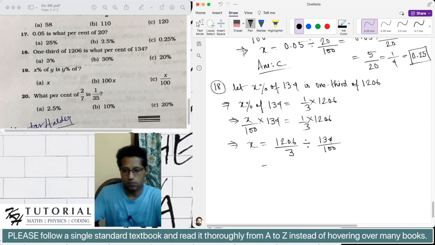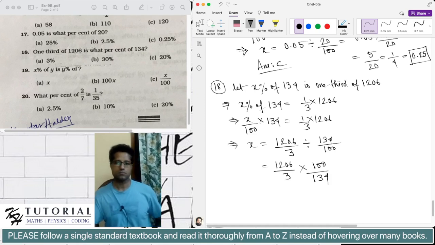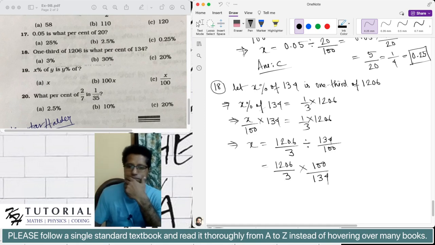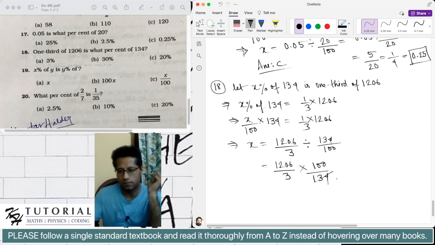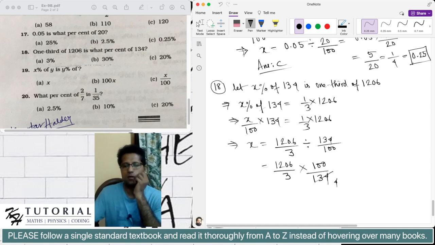This equals 1206 by 3 multiplied by 100 divided by 134.